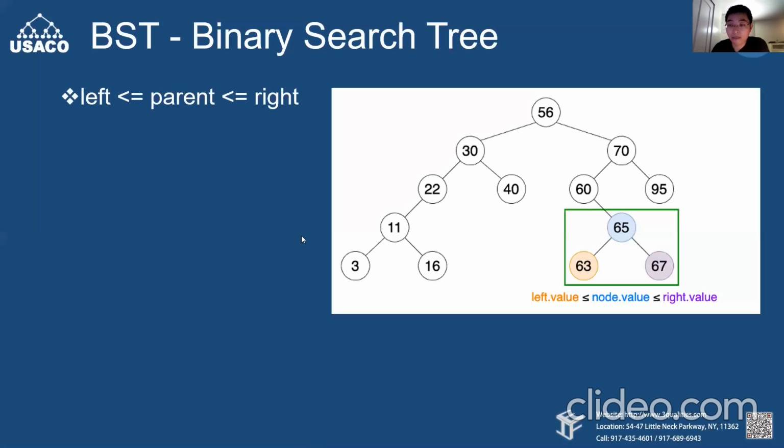Okay, so imagine the data is stored in a binary tree structure. How are you going to do the searching? I give you the root node, 56. We know 16 is smaller than 56.